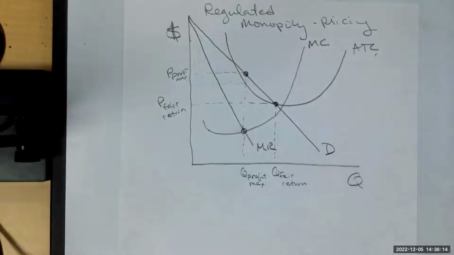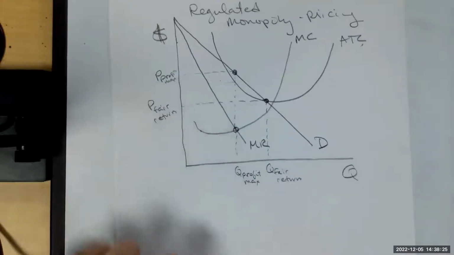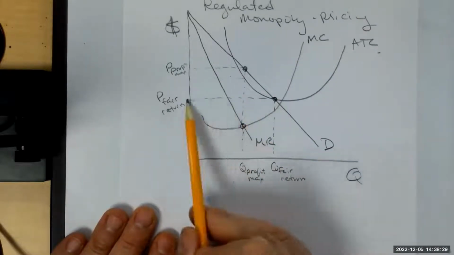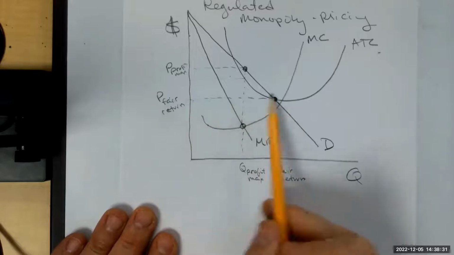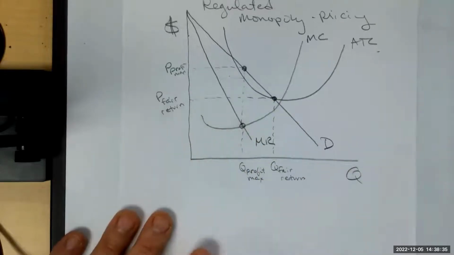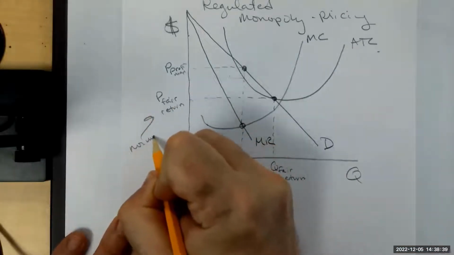What two things are we getting here that's pretty good? Well, for the consumer first, yeah, more of it available and a lower price. And note here is both my price and my ATC curve. If this is both cost and revenue, what are they making? Yeah, so at this point right here, the company is making a normal profit.